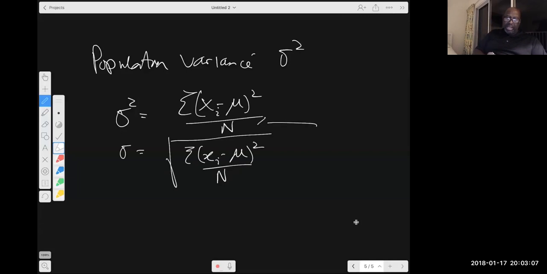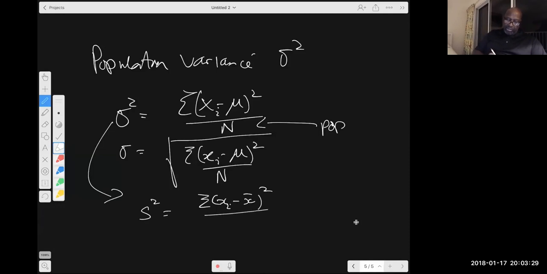Notice that my n is the population n. What happens if I'm dealing with a sample? We denote the sample variance by s squared. Instead of mu, the population mean, we use the sample mean: xi minus x bar squared, add them all up, and divide by n minus 1 this time instead of n.